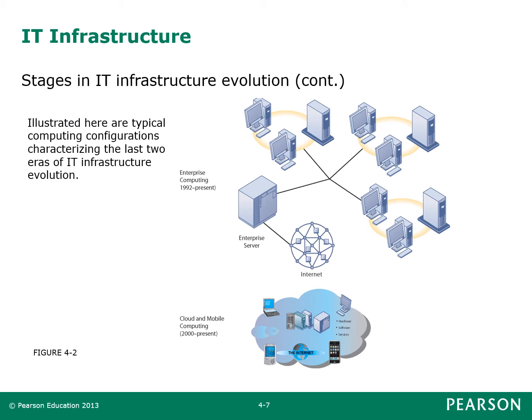In this figure, we see the last two eras of IT computing. At the top of the figure, we see a typical network of enterprise computing. We have an enterprise server, and normally this server hosts a database, all the data of the enterprise integrated in one server, and applications that could be accessed by different departments.